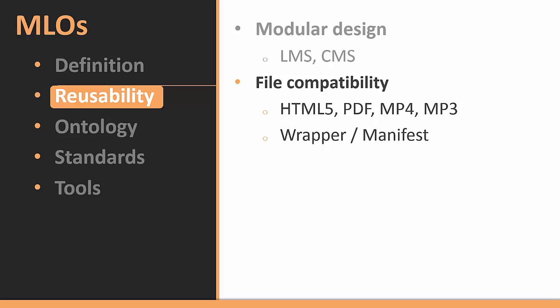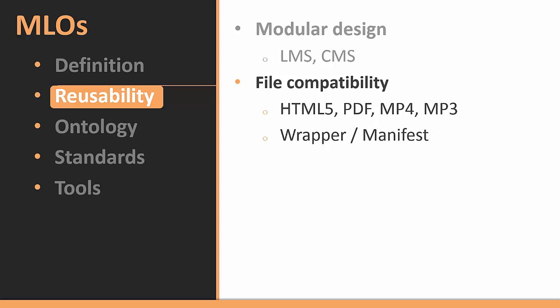This is so important. And there's a little bit of advanced tech involved in the HTML5 types of objects that we might create. It's called a wrapper, or sometimes called a manifest file. And it's a little beyond the scope of what we're doing in here, but just so you understand what the term means, it's a suite of documents. It's a set of additional text-based documents that define a variety of different things that allow these objects to be reused.